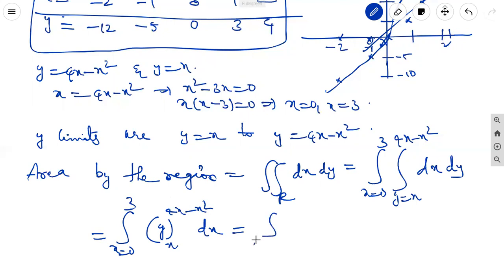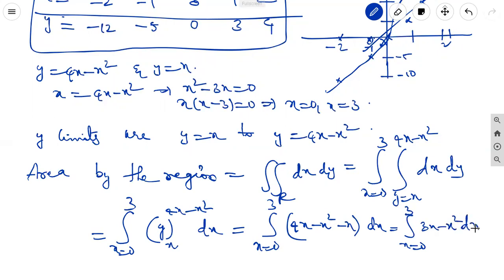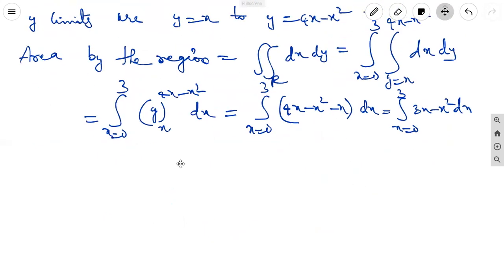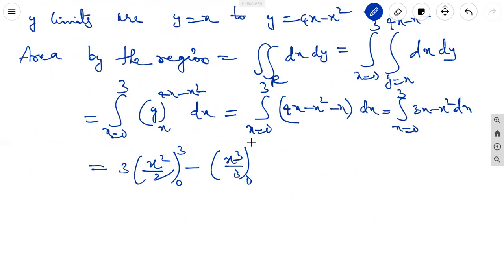It is equal to the integral x equal to 0 to 3, 4x minus x square minus the lower limit x, dx, which is the integral from 0 to 3 of 3x minus x square dx. Now integrating with respect to x: 3 outside, x integration is x square by 2, limits 0 to 3, minus x cube by 3, limits 0 to 3.